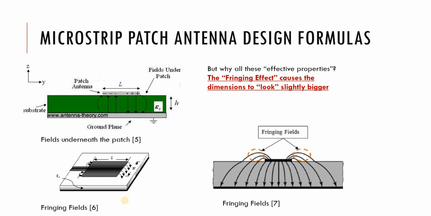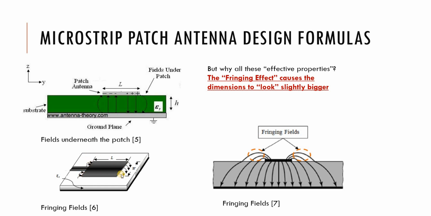You can exactly see the fringing fields and fringing effect in the right hand figures, and you can see in this figure that this fringing effect is responsible for the radiation of the patch antenna.